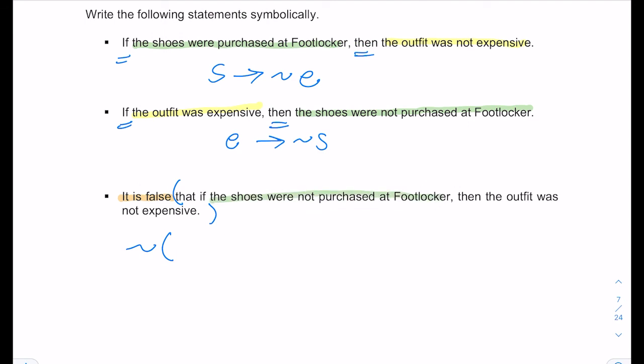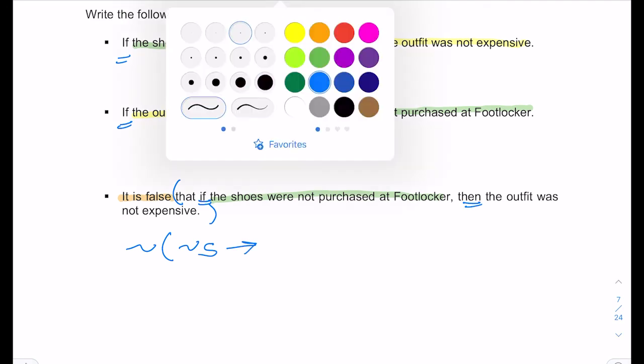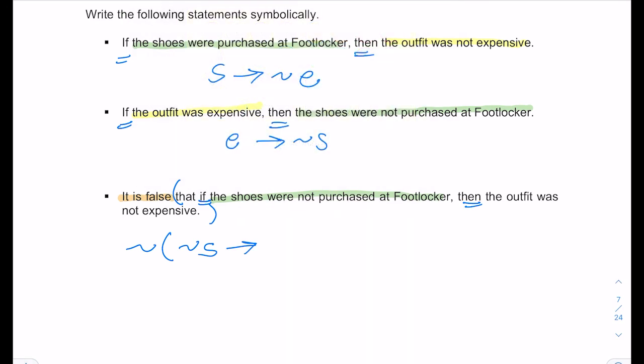So that is my S, and it says not, so I need to negate it. And I'm also using the words if-then, so I need an arrow. And then the last part of the statement says the outfit was not expensive. E is the outfit is expensive. So again, I'm negating, and I need to put the tilde and the E.